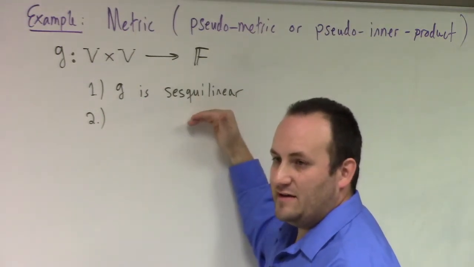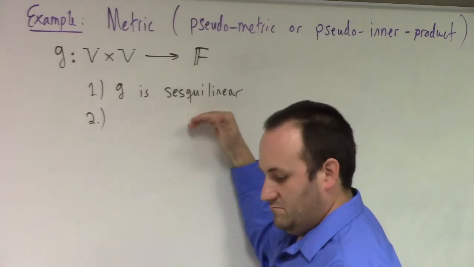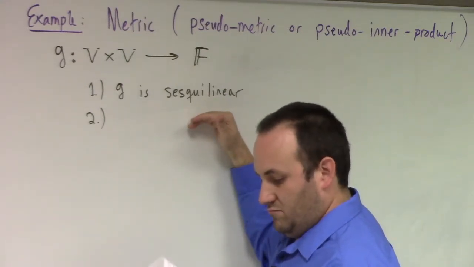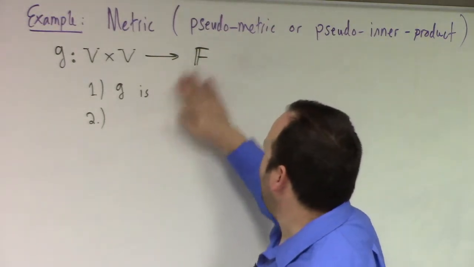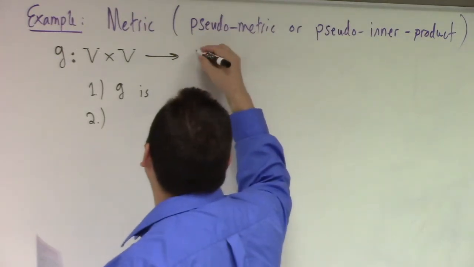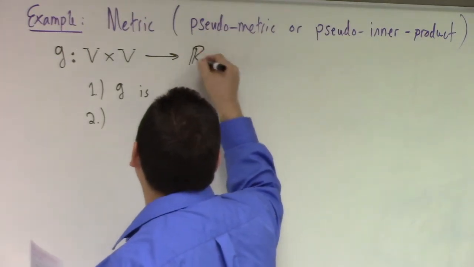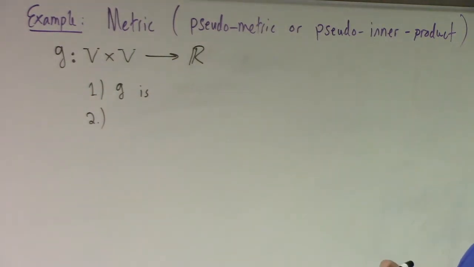You have linear in one slot, and conjugate linear in the other. I'll make a homework problem.